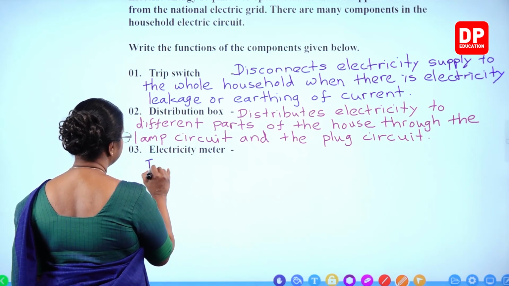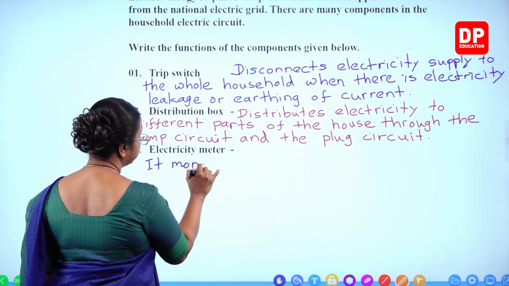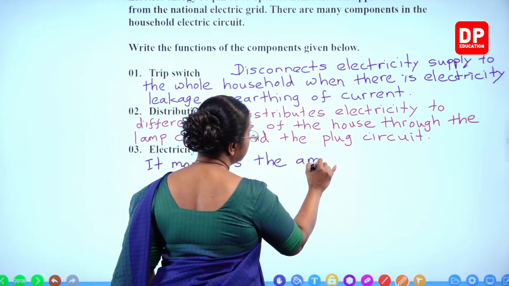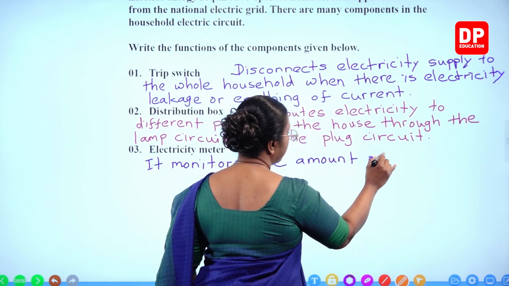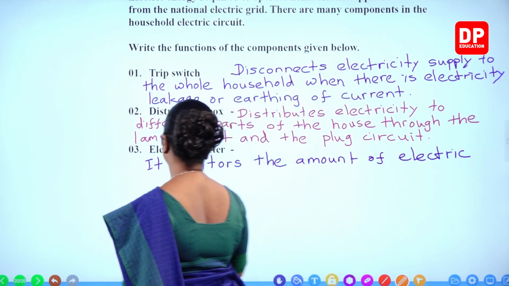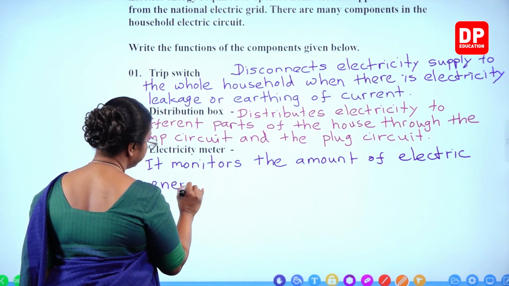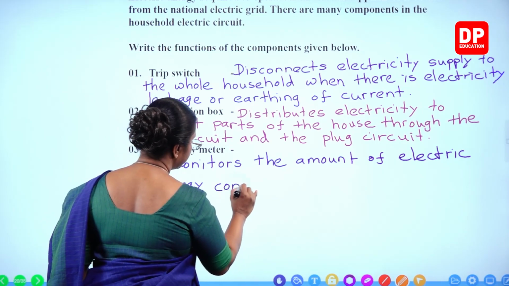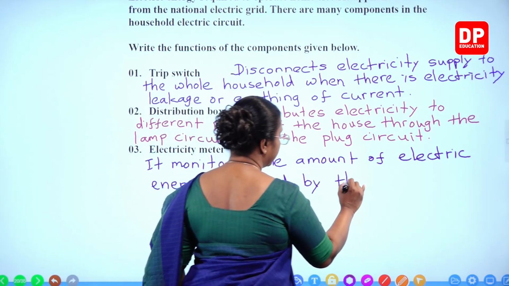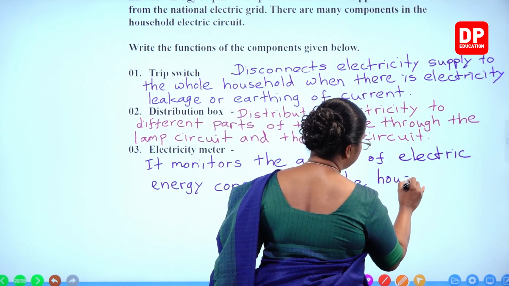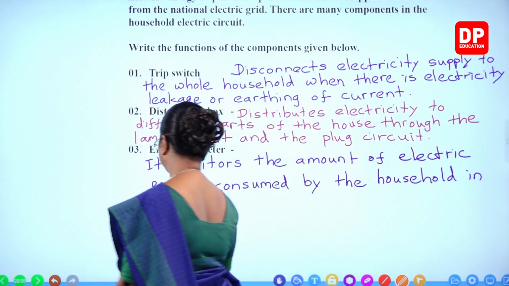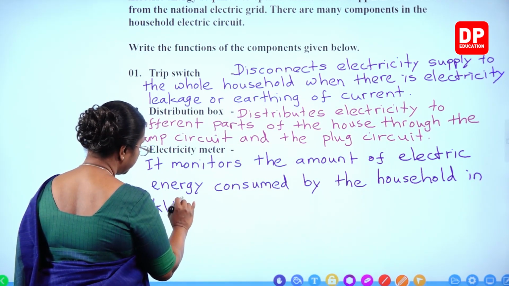say it monitors the amount of electric energy consumed by the household in kilowatt hours.